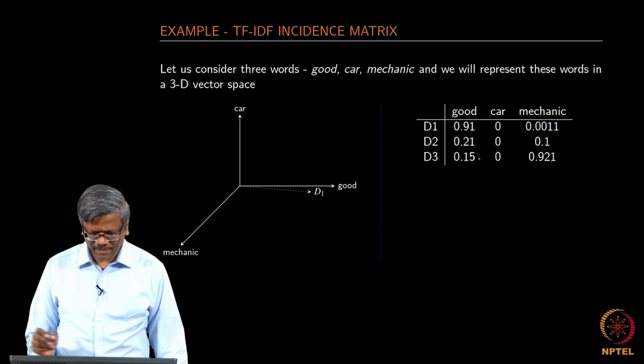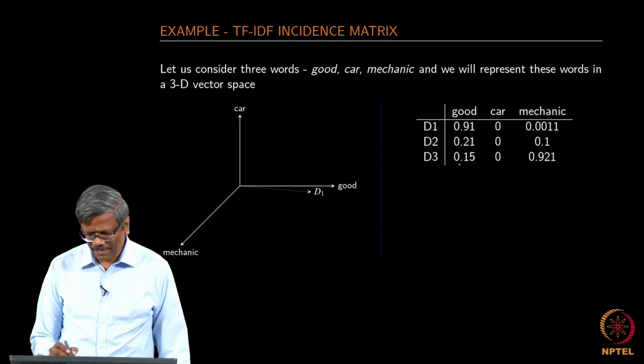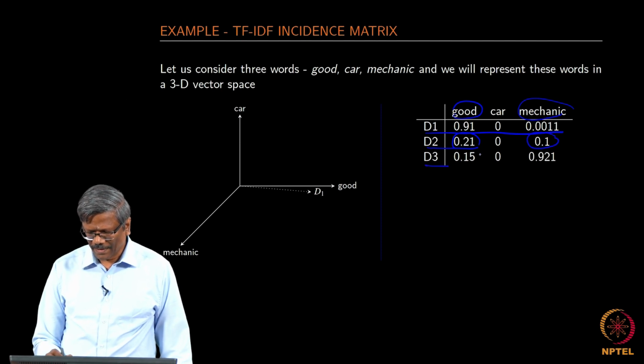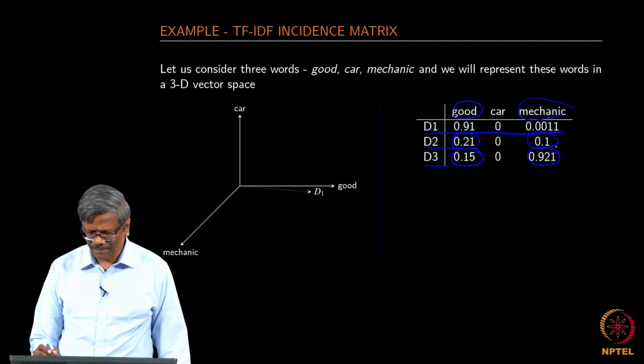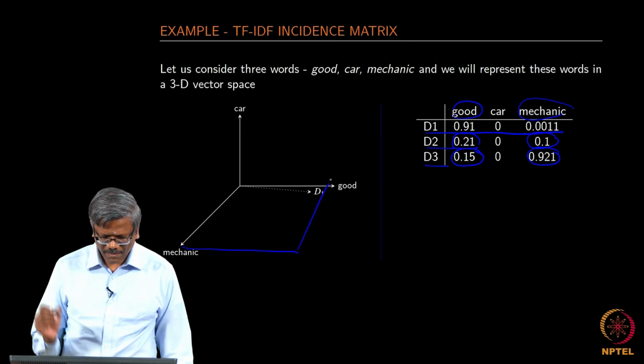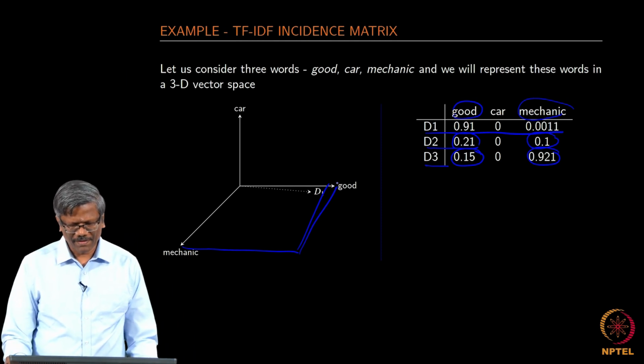See, if you look carefully at the right hand side of this slide, we have document 1 having the words good and mechanic. Document 2 again having good and mechanic. Document 3 is again having good and mechanic. That means I am only going to look at this particular axis for our representation of these documents.